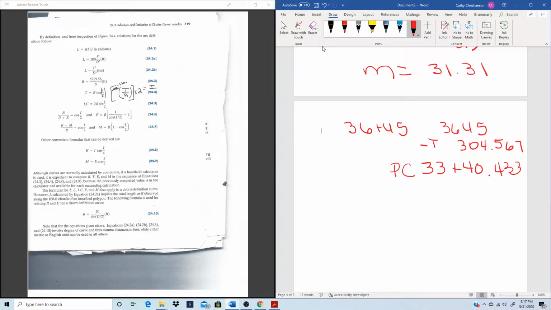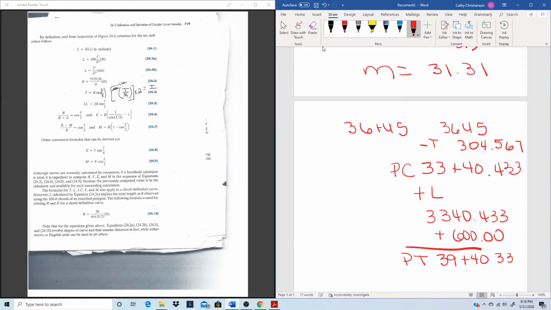Now to get PT, you want to add L. I'm going to go ahead and drop down 3340.433 plus L, which is 600. So my PT station will be 39 plus 40.433.